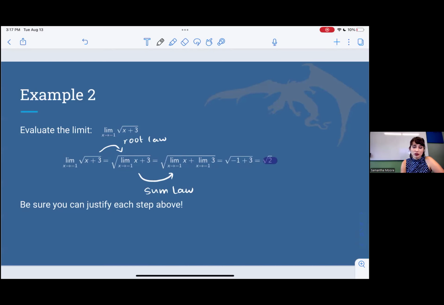Well, if x is approaching -1 and my function is just x, then my y value is approaching -1. And if my function is constantly 3, then as x approaches -1, my y values are just 3, so constantly approaching 3. And so that allows me to replace each of those limits by -1 and 3 respectively, getting that my overall limit should be √2.